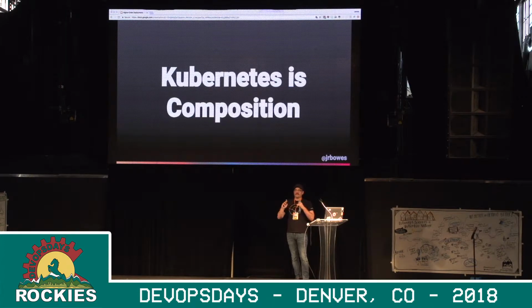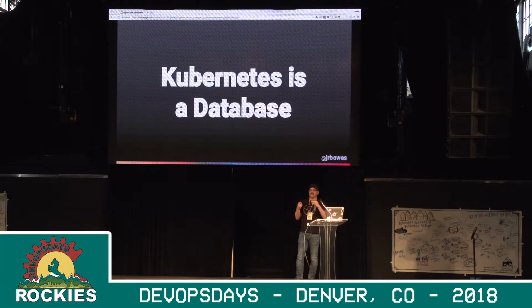And the other kind of weird thing is that it's also a database, right? At its core, it's pushing definitions into this API server and having them be saved there. The fact that something else comes along and reads that and then pushes out to a node and says, hey, run this container, is sort of secondary.